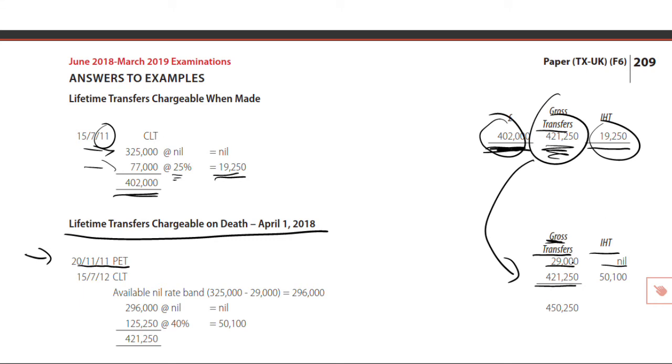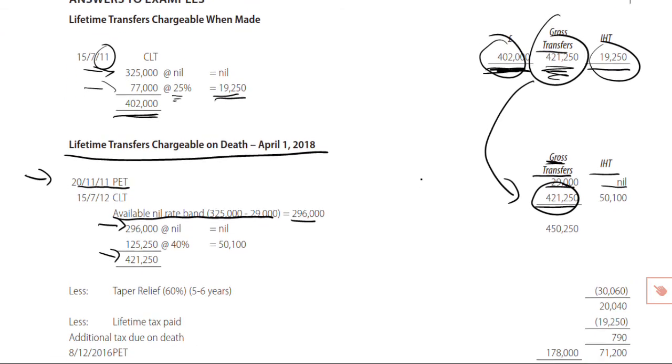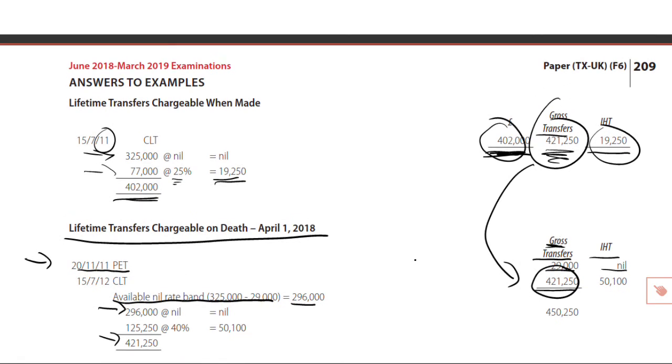This 29,000 is going to push 29,000 of that 421,250 out of the nil rate band and into the 40% band. So the available nil rate band for the CLT isn't 325, it is minus 29, 296. 296 out of 421,250, there, that gross figure at the death rate of 40% will hopefully be £50,100.